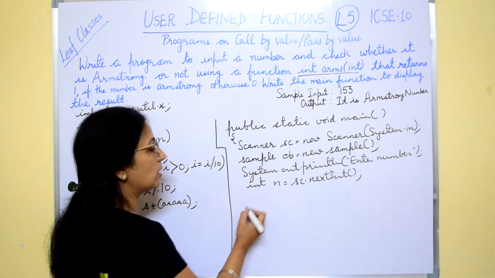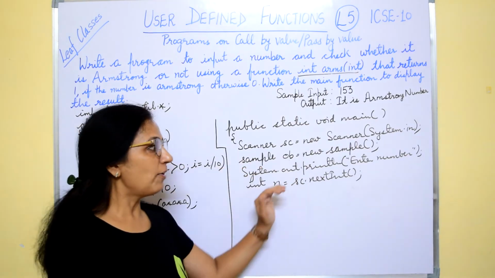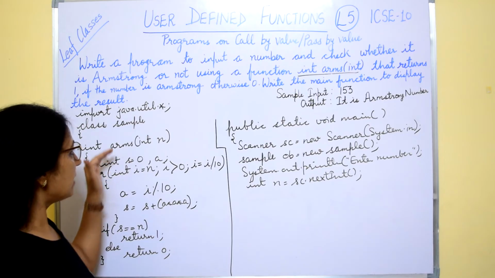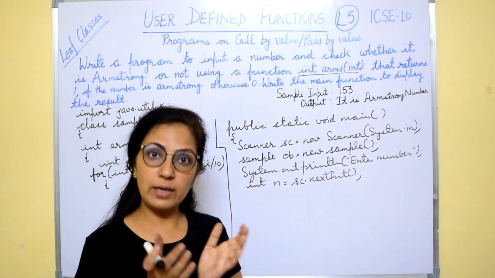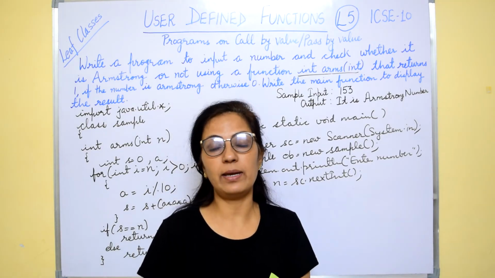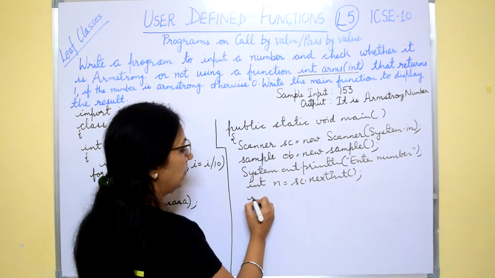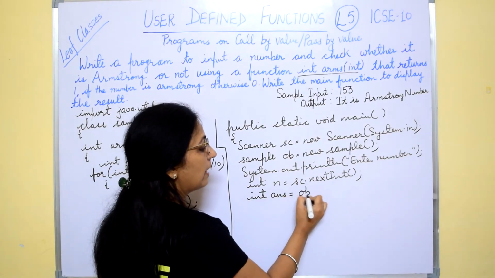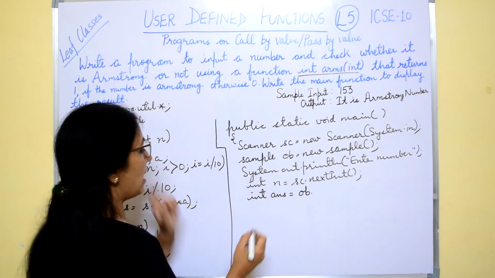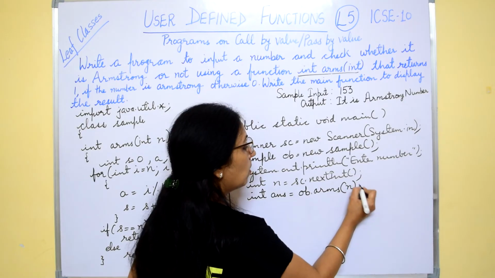So how will this function be called? Using the object. Now we will call this function, and since this function is returning one int value, we require one int type variable to store the result, that is 1 or 0. So I am taking one variable, say ans, and we are calling the function arms with the value n.